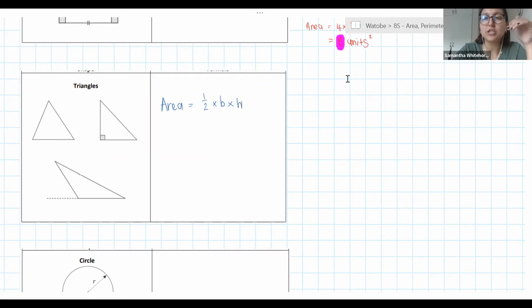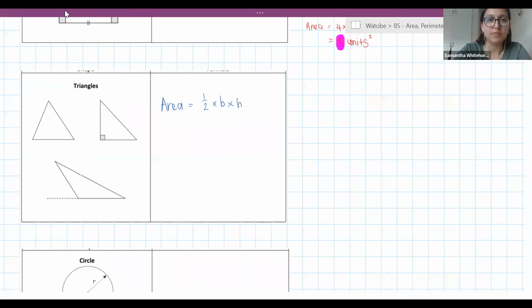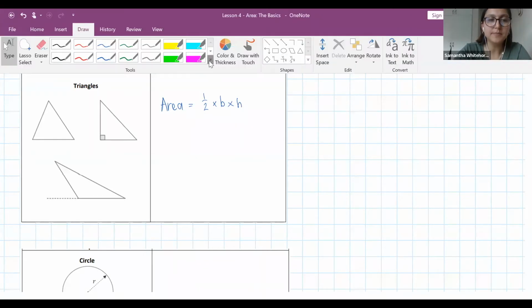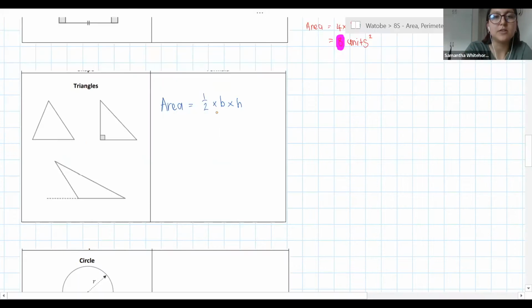Now, importantly, we actually need to know what those sides are. So if we go to our triangles here and we identify them for ourselves, so this B is our base length, and basically it's like the length at the bottom, it's the base. So if we go to all of our triangles here, these are all of our base lengths of the triangle.